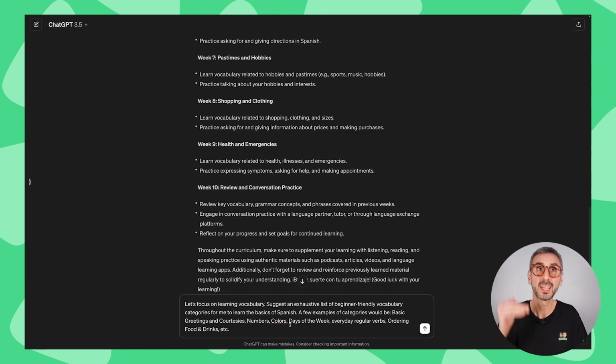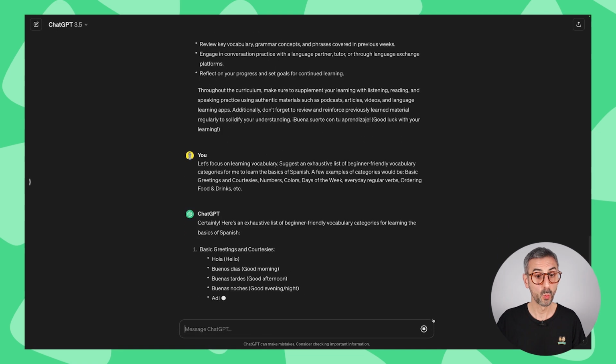Because once I have these categories, I could prompt deeper. And also, I'm giving ChatGPT some examples. Again, this is few-shot learning, giving it a few examples so that it understands very clearly what I'm asking it. All right, let's run this prompt and see what it does.